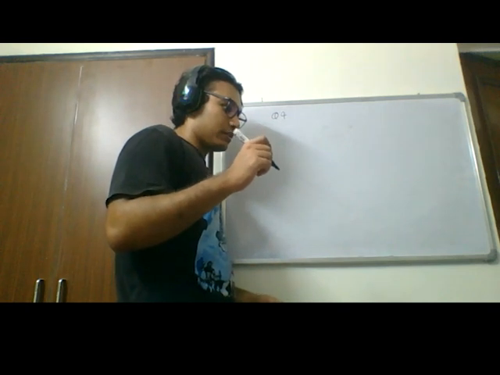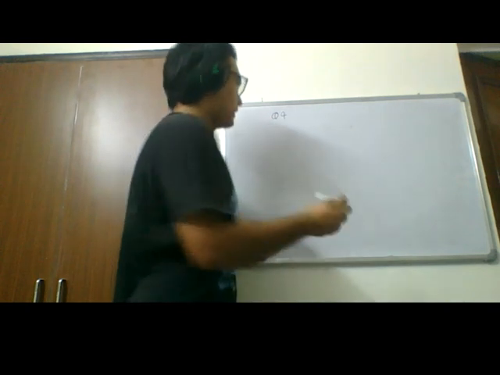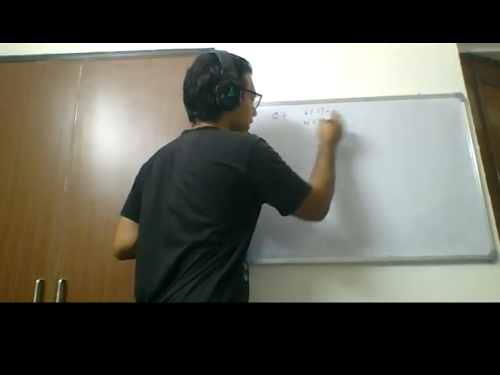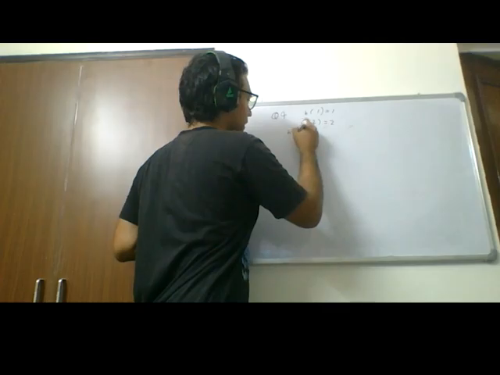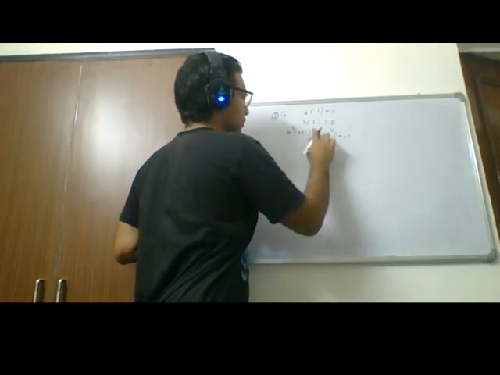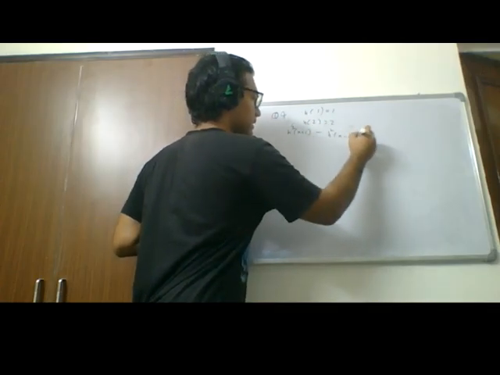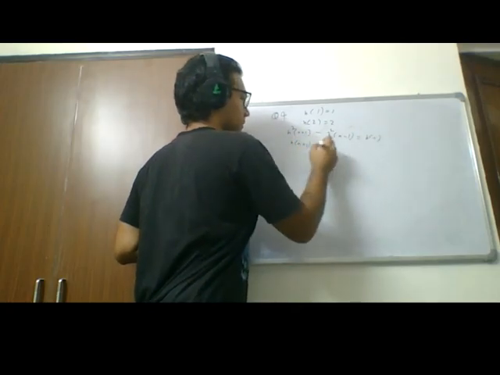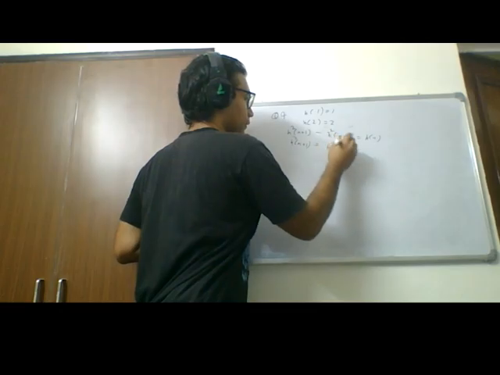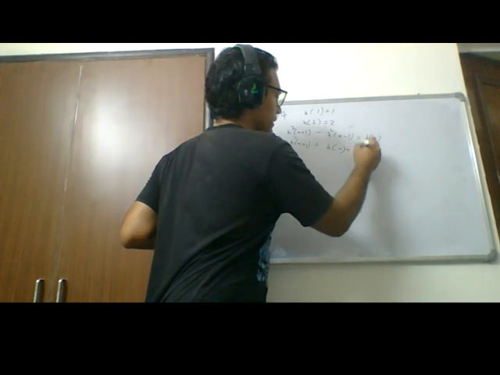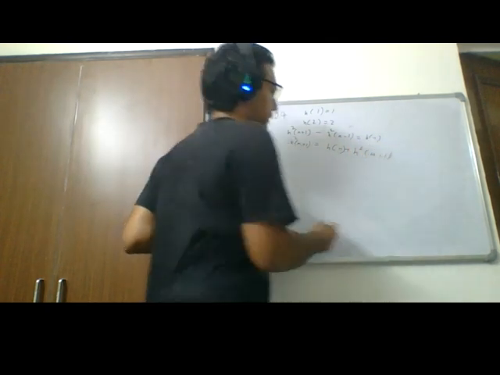Yes, H of 1 is 1, H of 2 is 2, and H of n plus 1 squared plus H of n minus 1 squared is equal to H of n. So H of n plus 1 squared is equal to H of n plus H squared of n minus 1, right?